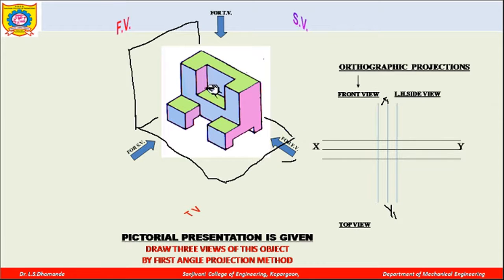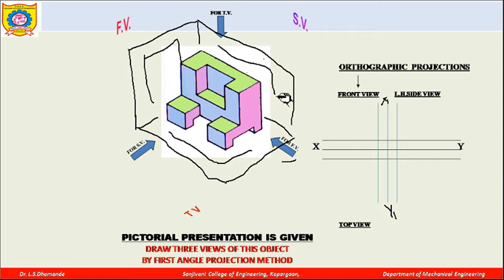If I am looking from this side, I will draw the front view in this plane, the top view over this plane, and the side view in this plane. So we are going to draw these views looking from three different sides, as asked.